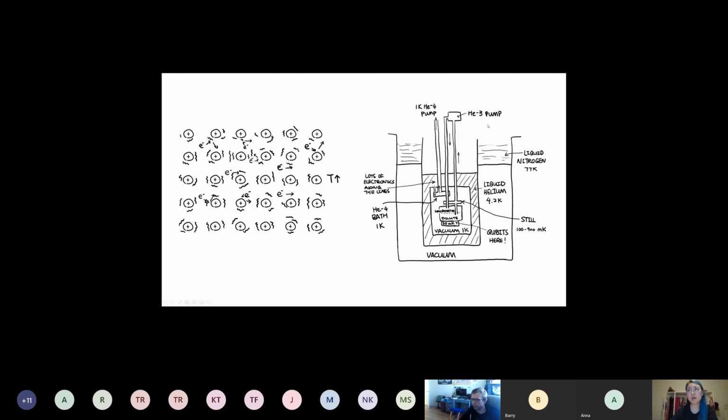So you can cool things down by immersing it into liquid nitrogen to 77 K, and then further down into liquid helium, which is naturally at 4.2 K. And then you can further pump your system to get to a vacuum, and there can also be phase transitions inside your system, and then you eventually can cool things down to like millikelvin temperature.